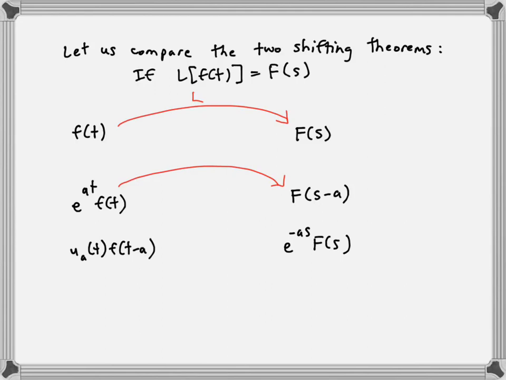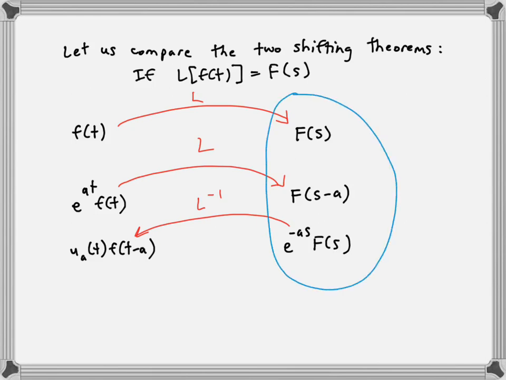You could almost see that this is the reverse of the theorem that we learned before, not quite exactly the same, but in a way. I put the arrow the other way just to show which way the shift is going. Everything here is in the s world, and now everything here is in the t world. So by multiplying the input by e to the at, the output gets shifted.